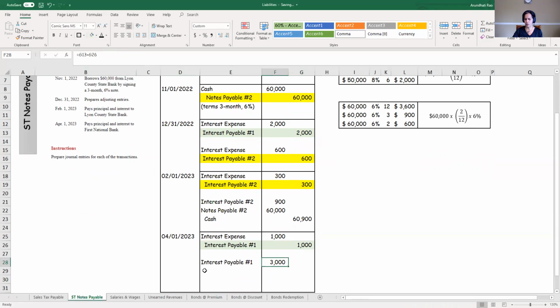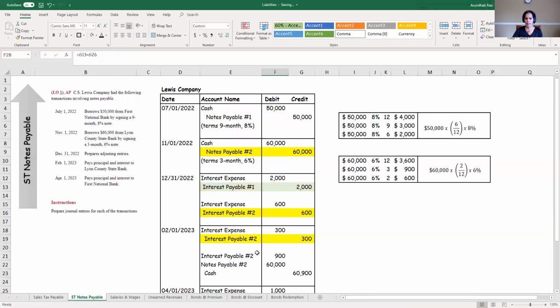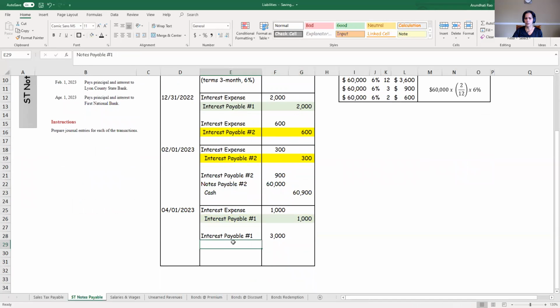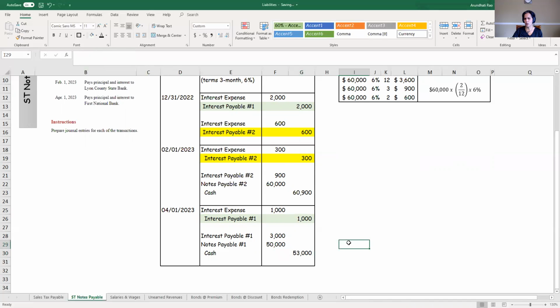And then the principal amount of this note was $50,000. So the total amount I'm paying right now, the cash that I'm paying, is $53,000.